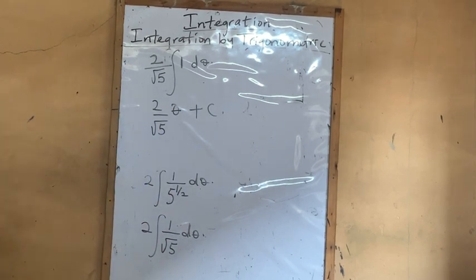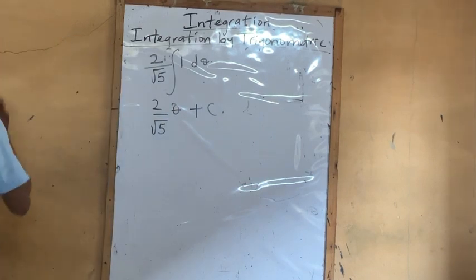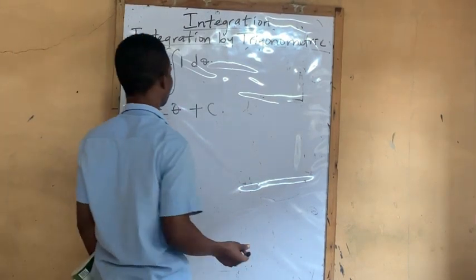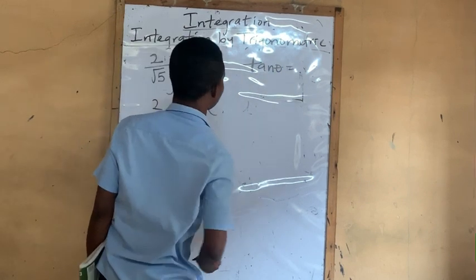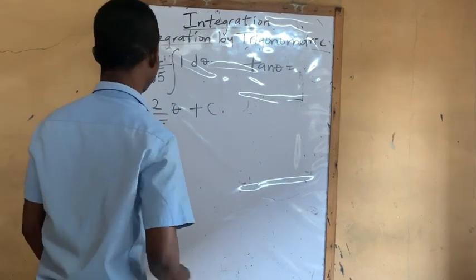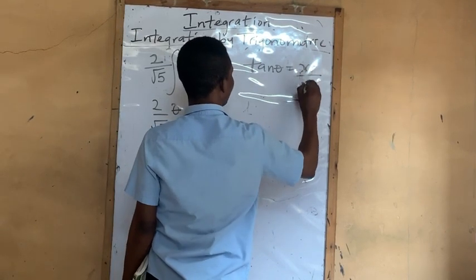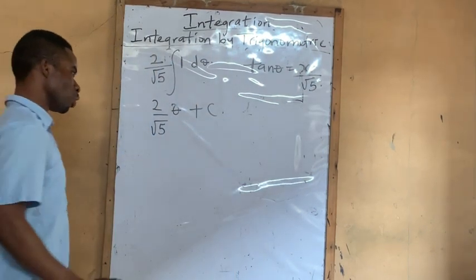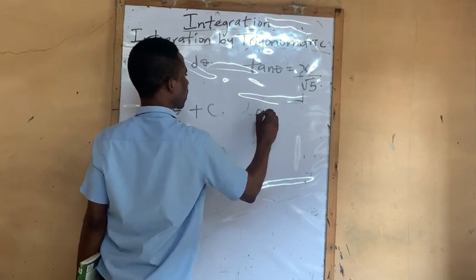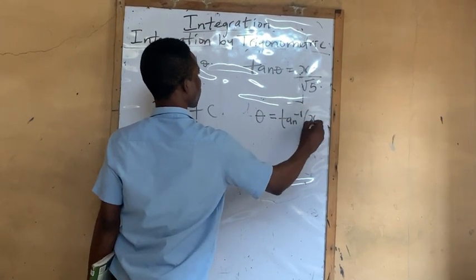But we cannot just leave it like that. We have to substitute for theta. And if you can remember, we used tan theta from the beginning. The tan theta equals x all over root 5. So if you divide both sides by tan, that means our theta is going to be tan inverse of x all over root 5.